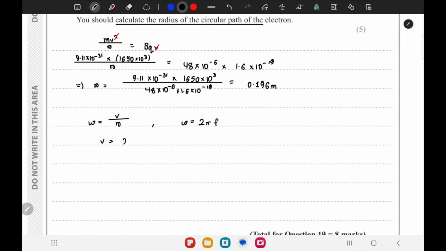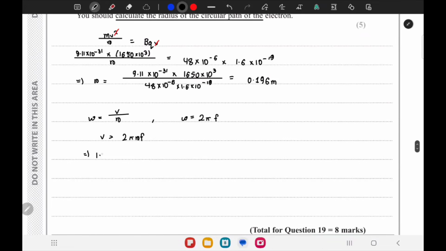So v equals 2 pi r f. 1650 into 10 to the power 3 would be equal to 2 pi times the radius 0.196 times the frequency. The frequency comes out to be 1.34 times 10 to the power 6 hertz.